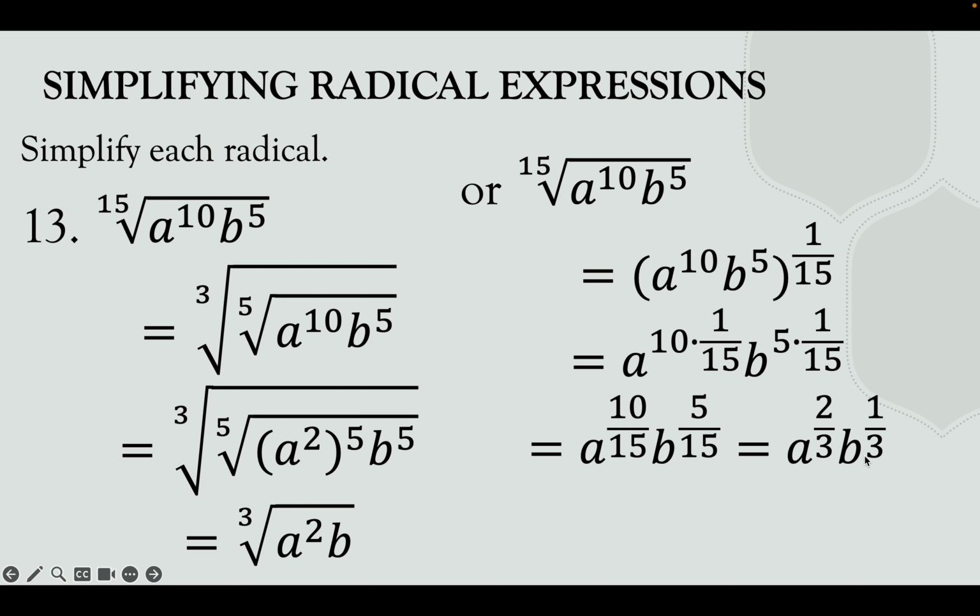Now we can change this one into radical form, class. Since our denominator now is the same, we can write a squared b raised to 1, all raised to 1/3, or you can change that one into radical form now. Your denominator will be your index, so we have the cube root of a raised to 2b.